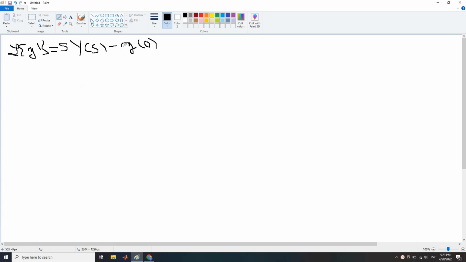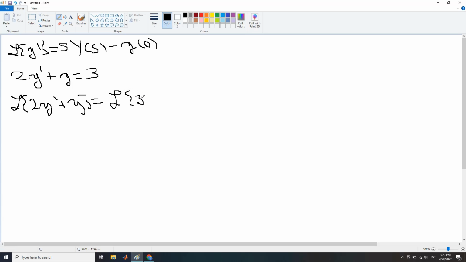So, for example, if you have 2y first derivative plus y is equal to 3, and you have to pass this to the Laplace domain, then you will apply the Laplace transform to both sides, equal to the Laplace transform of 3. And you have to apply the formulas that we have already seen.